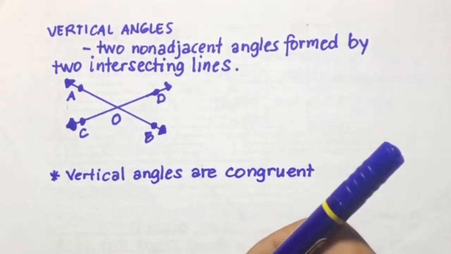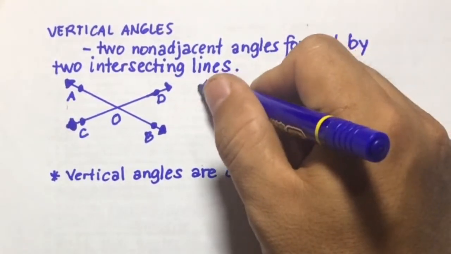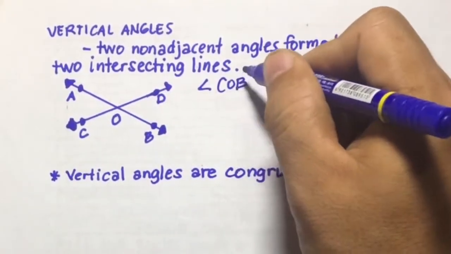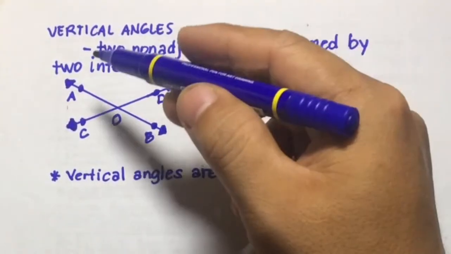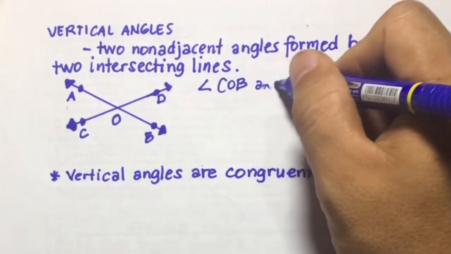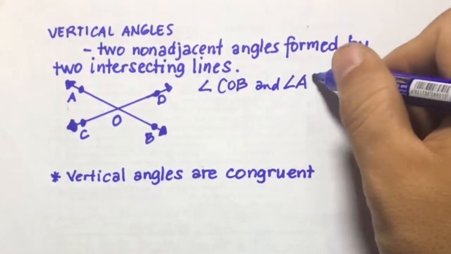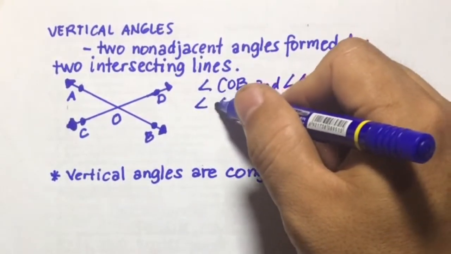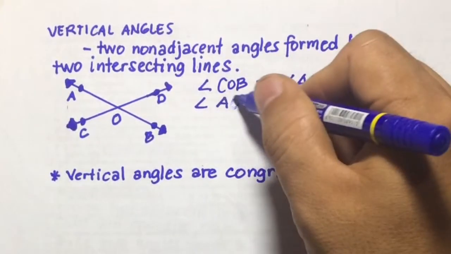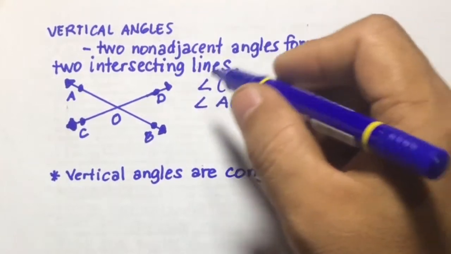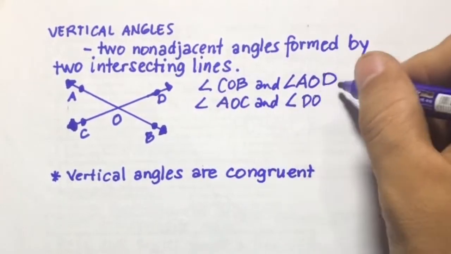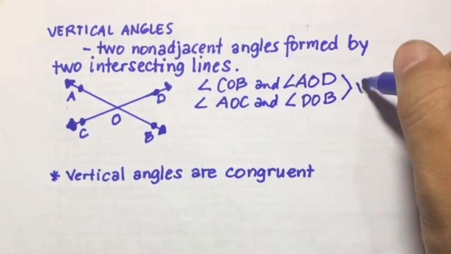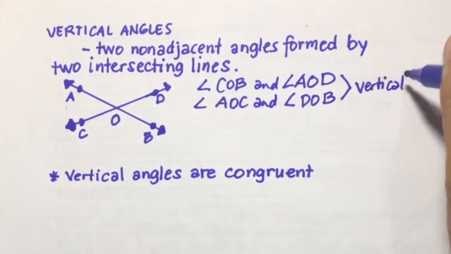Non-adjacent angles meaning we can have angle COB, and its non-adjacent angle or opposite angle is angle AOD. And we have angle AOC and angle DOB. So this pair of angles here are vertical angles.